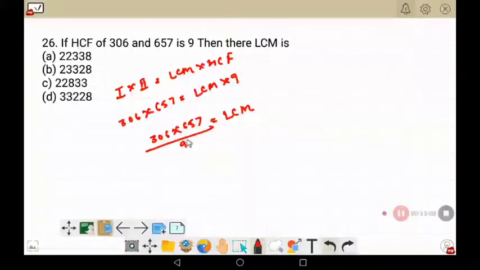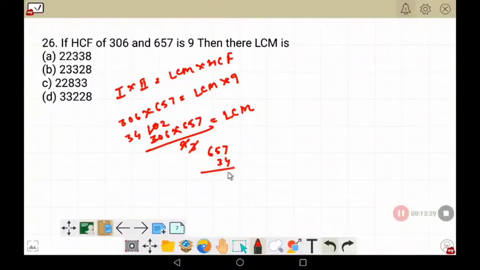Here, this is 306 divided by 9. Dividing by 3: 3 1s are 3, 0, 3 2s are 6. Again 2 1 3, it comes in the table of 3. 3 3s are 9, 3 4s are 12. So 34 into 657. Just multiply.